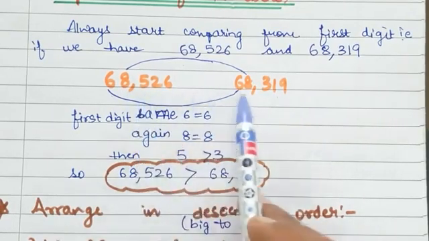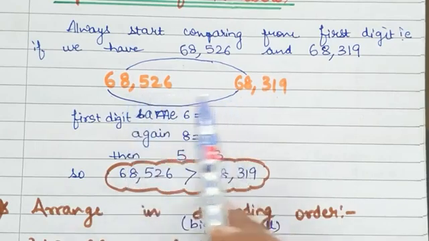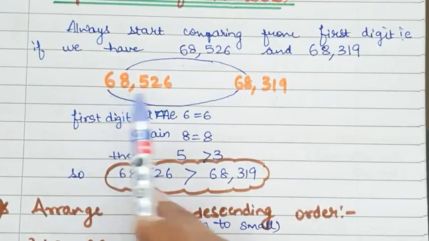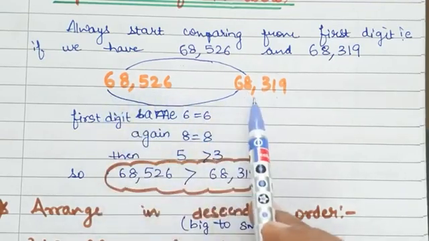So since the digits are the same, we have to compare these two numbers by comparing the digits one by one.